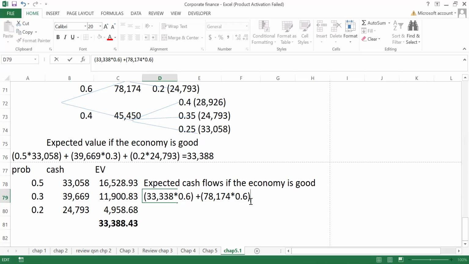That will be the expected cash flows if the economy is good. That is the total first year and the second year, of the 2 years, if the economy is good.